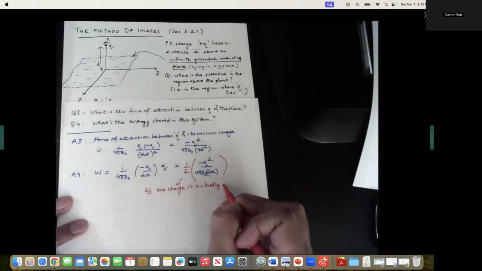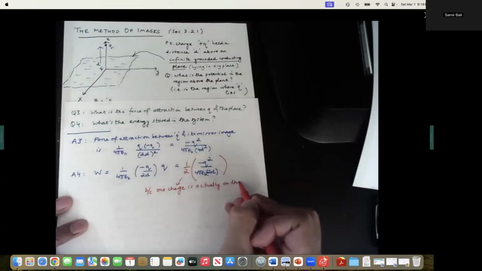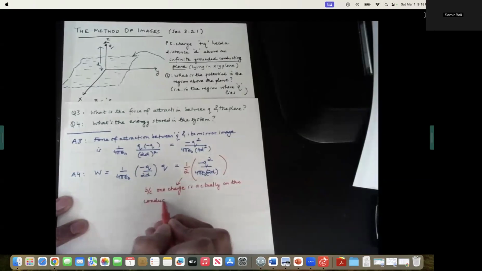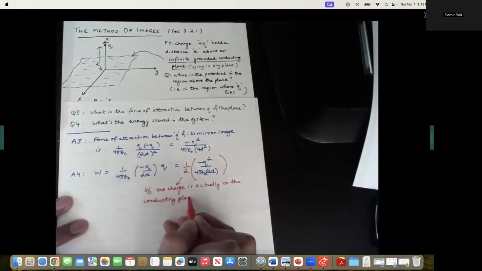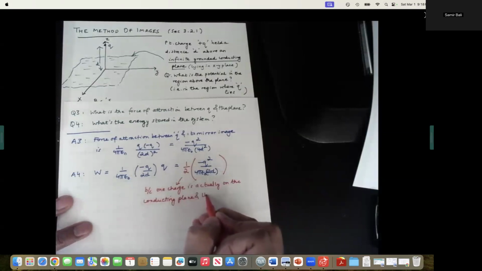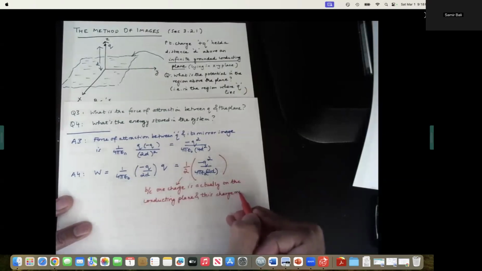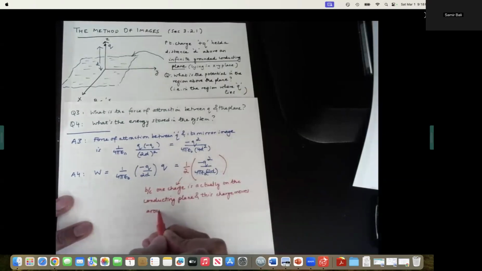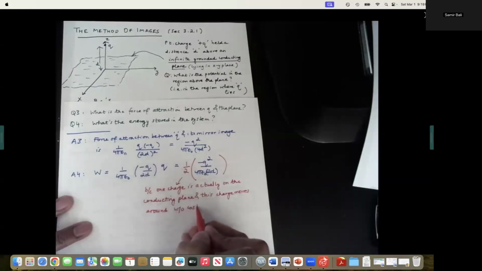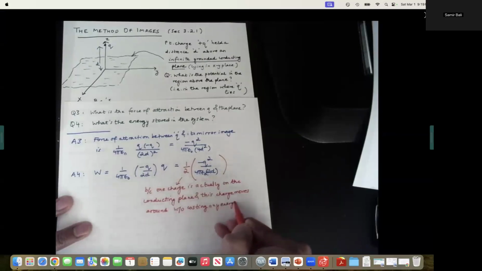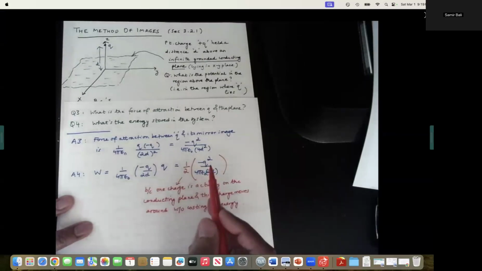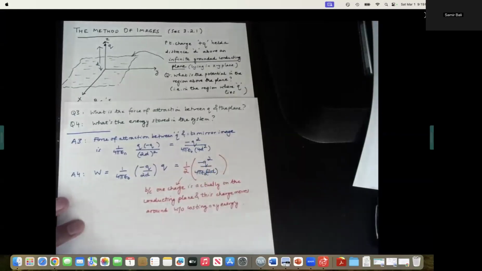So one charge is actually on a conducting plane, and this charge moves around on the conducting plane without costing any energy. So no work is done while it's moving around. So it's really just the positive Q, and you multiply this by 1/2.